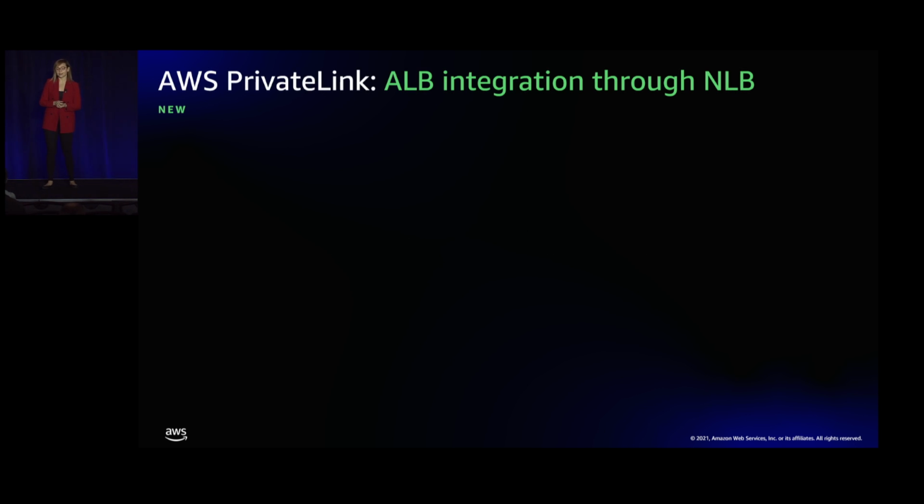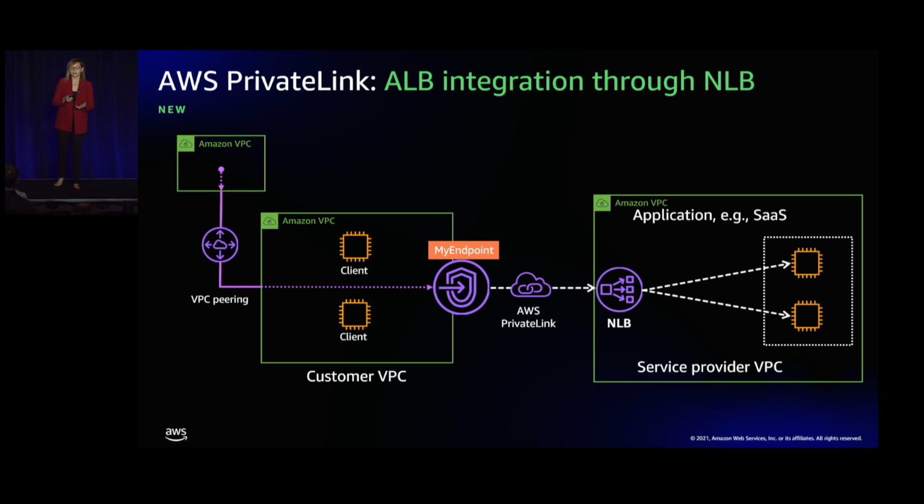What this means is that what we could do so far was have our service provider service front-ended by an NLB, with the use of an endpoint service and VPC endpoint we would expose that service to client VPCs.